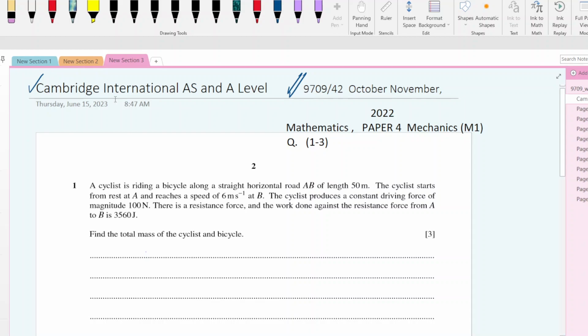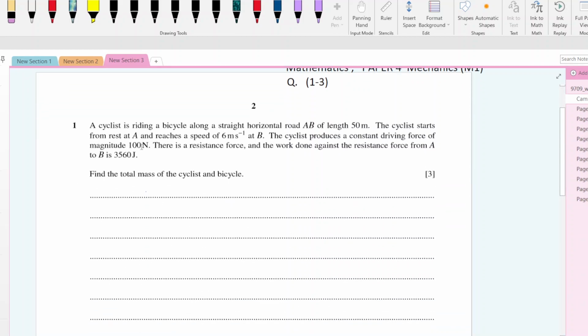A cyclist is riding a bicycle along a horizontal road AB of length 50 meters. The cyclist starts from rest at A and reaches a speed of 6 meters per second at B. The cyclist produces a constant driving force of magnitude 100 Newtons.